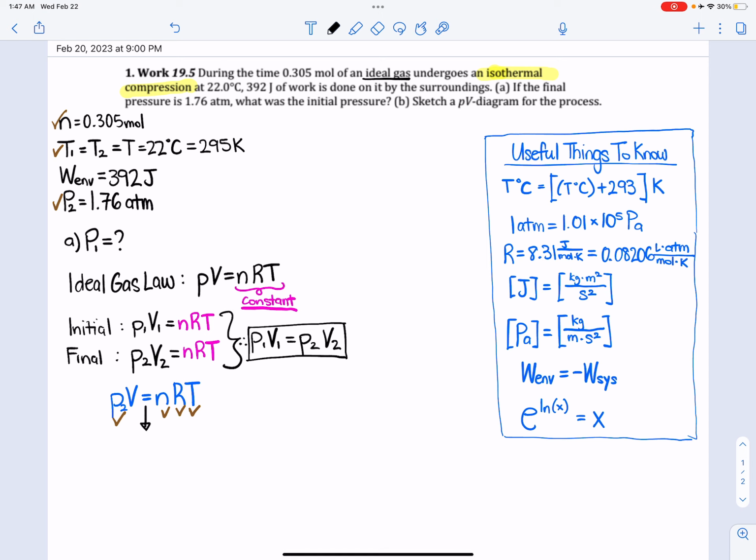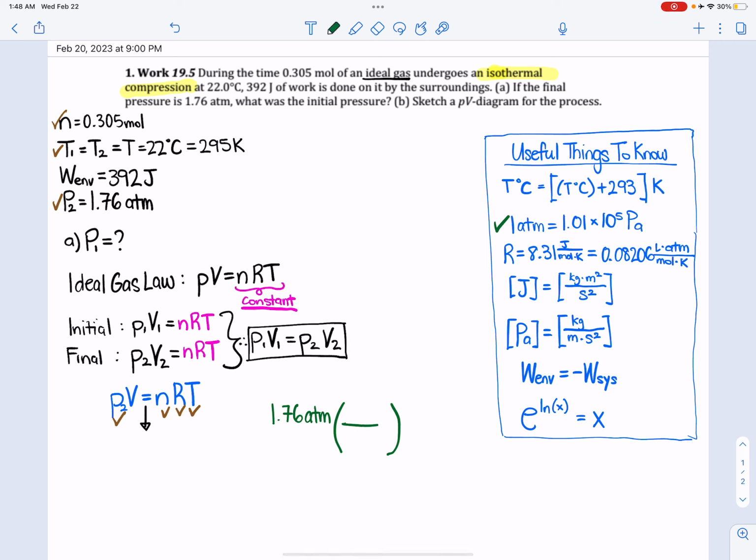So P2 is 1.76 ATM. I need to convert it to pascals to use it in the ideal gas law. So real quick, I'm going to convert P2 to pascals. 1.76 ATM, which is my P2, I'm going to multiply that by, I'm going to cancel out ATM.